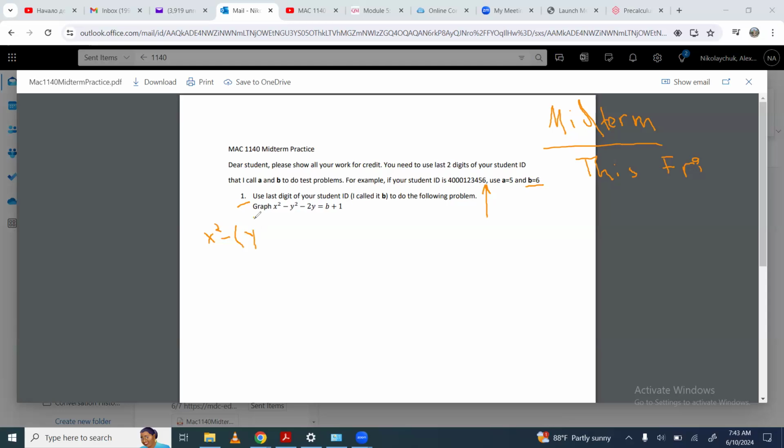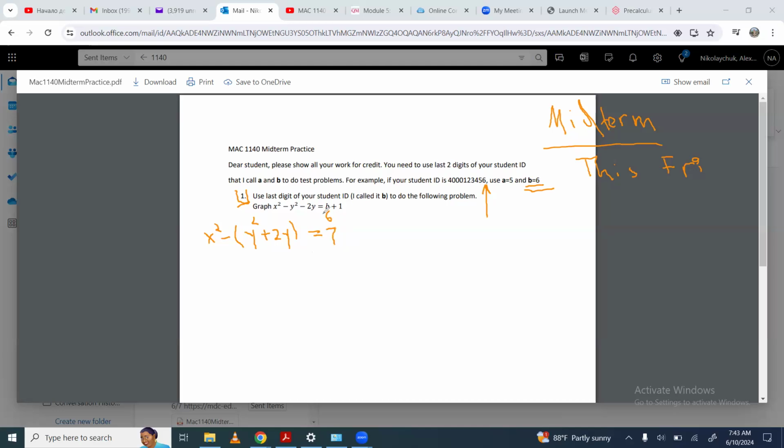So for every problem, we have to use the last two digits to solve every question that's on the midterm. For problem number one, you use the last digit because there is only one place here. So for problem number one, if b is 6, for example, then I put 6. So it's going to be number 7.